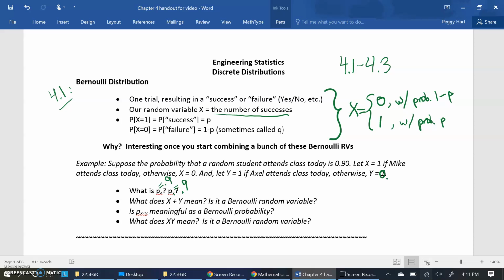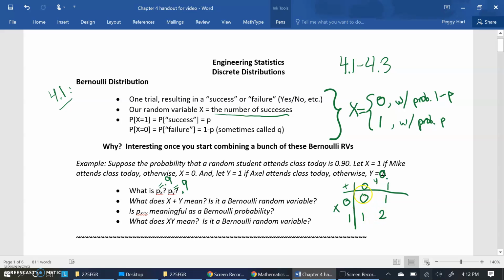What does x plus y mean? And is it a Bernoulli random variable? If we're going to look at x plus y, I would make a little table. x can be 0 or 1, y can be 0 or 1. If we add those, 0 plus 0 is 0, 0 plus 1 is 1, and so on. The question is, what does it mean, and is it a Bernoulli random variable?